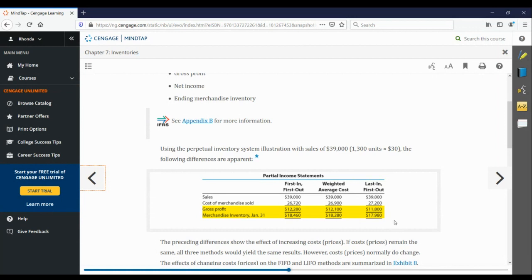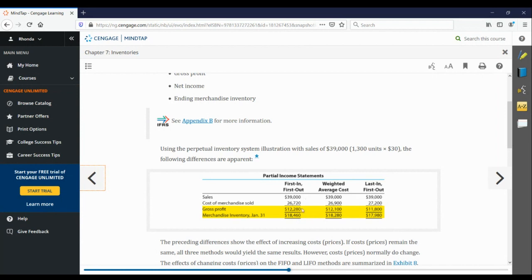If a company decides that they want to use the first in, first out method, then their cost of merchandise sold is going to be higher, which means the gross profit will be higher, and the merchandise inventory will also be higher.